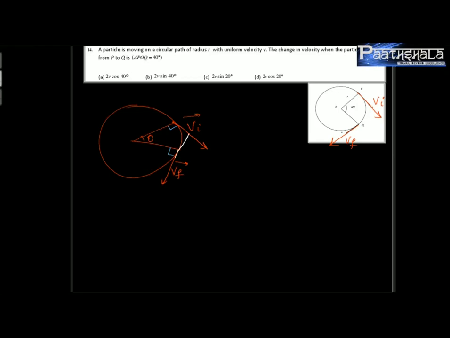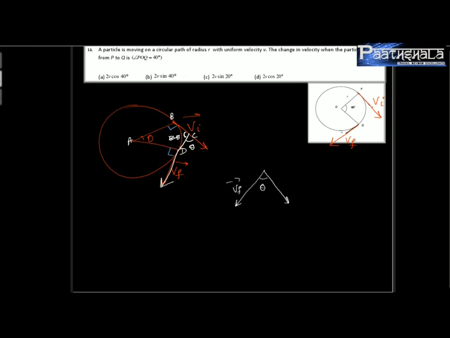Extending this line back and considering quadrilateral ABCD, what we get is this angle is 180 minus theta, and hence this angle is theta. So the angle between Vf and Vi is theta.